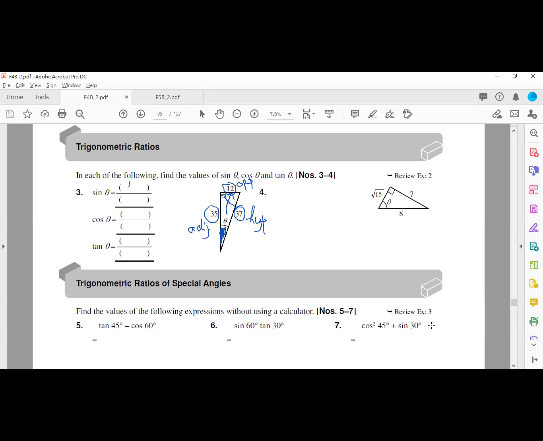is 12 over 37. And then cosine theta is adjacent over hypotenuse, that is 35 over 37. Tangent theta is opposite over adjacent, so that should be 12 over 35.